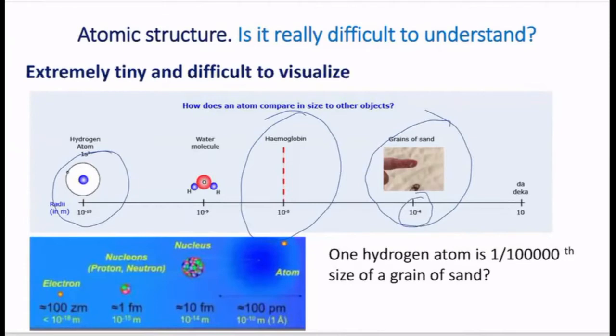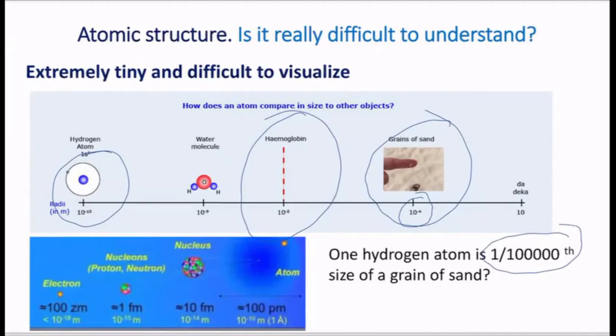For example, a hydrogen atom has only 1 by 1 lakh of the size of a grain of sand, which means if you break a tiny sand particle into 1 lakh pieces, that one piece will have the size of a hydrogen atom. These tiny sizes of atoms also make it difficult for us to imagine or visualize atoms and subatomic particles.